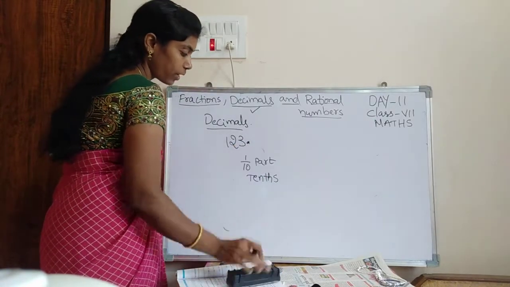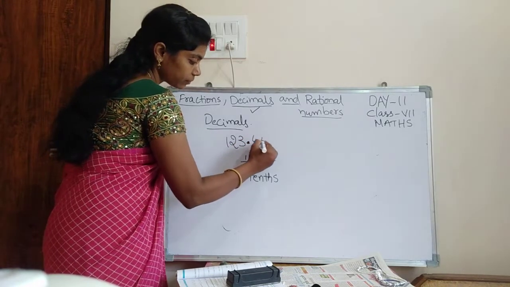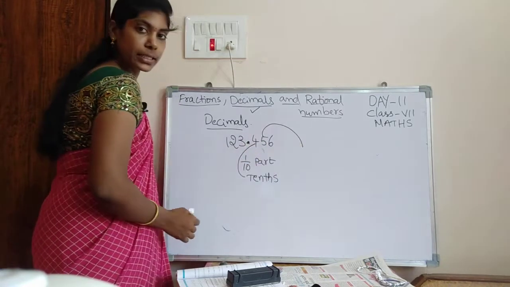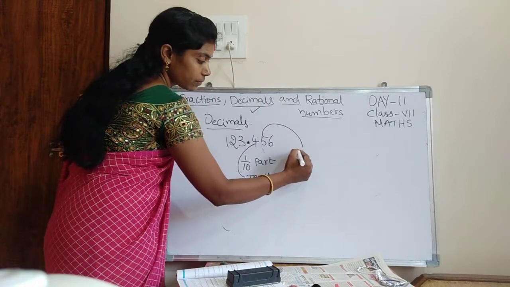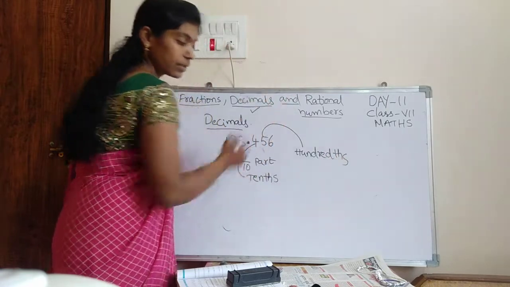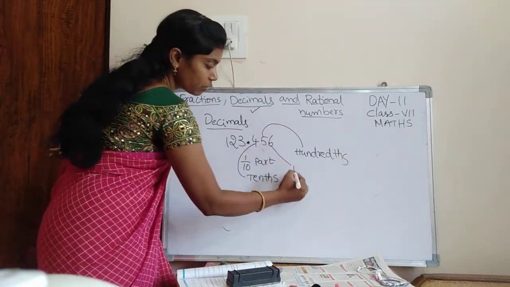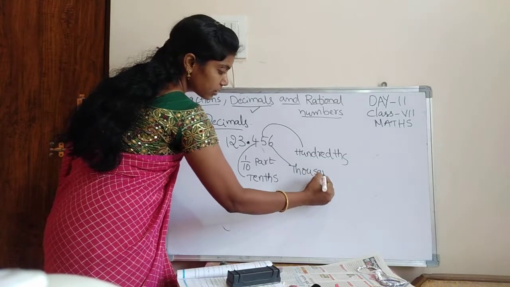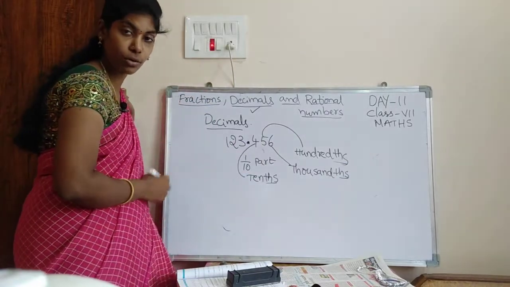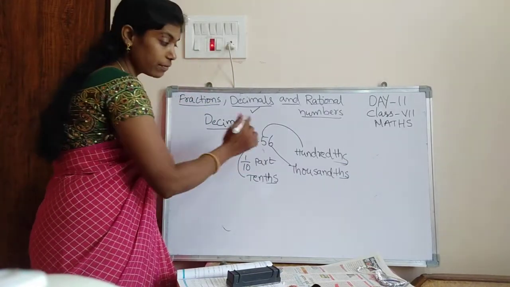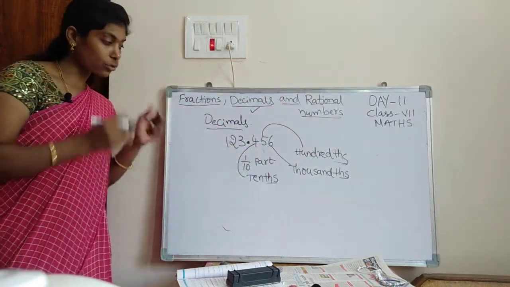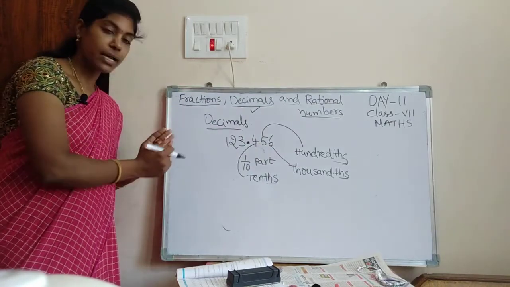We add TH for the tenths part. So this one is called tenths, this one hundredths, and this one thousandths. TH is added to these. After the decimal point we do not go from right to left as in a normal number; we go from left to right only.